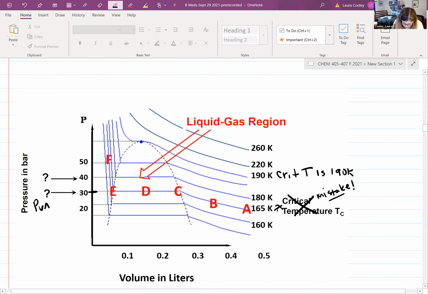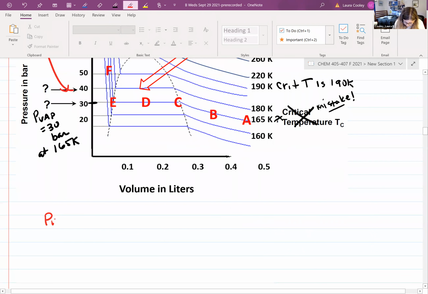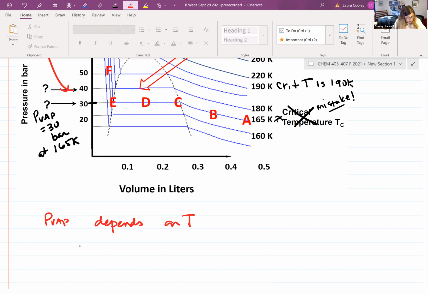The vapor pressure, I already told you, is 30 bar at 165 Kelvin. And here, the vapor pressure is 40 bar at a higher temperature, 180 Kelvin. So you could see that vapor pressure depends on temperature, which is something you learn in Chem 104. So that's another conclusion from this.